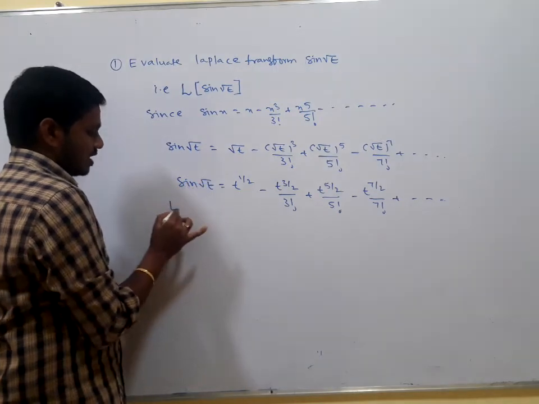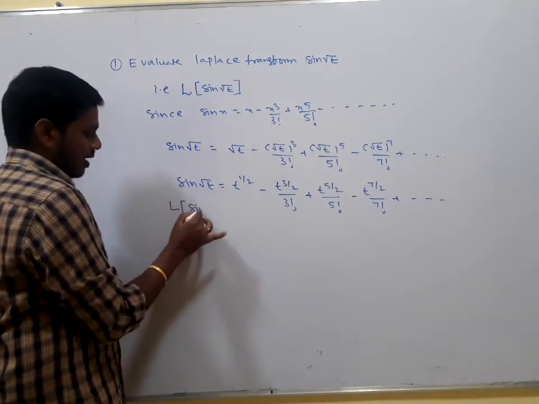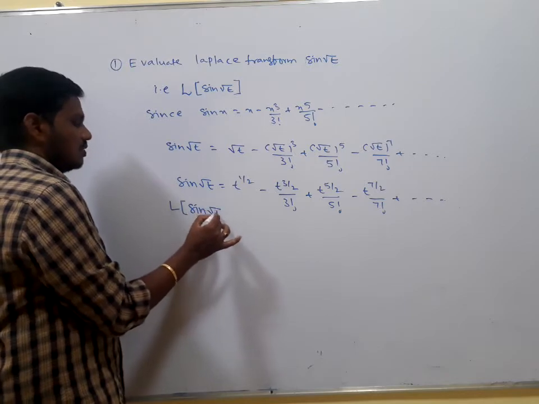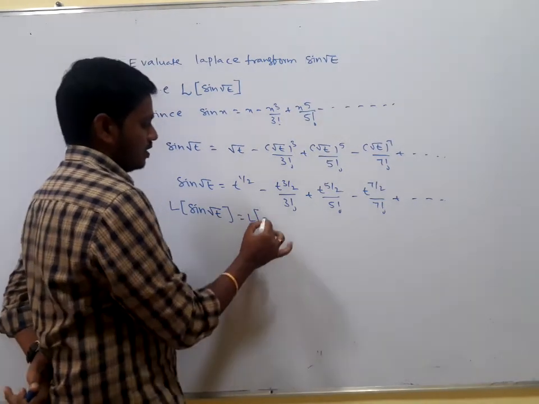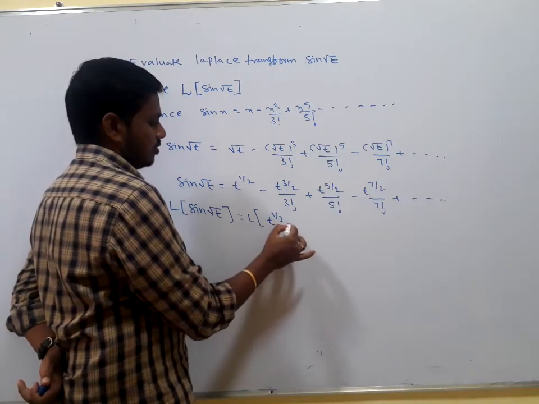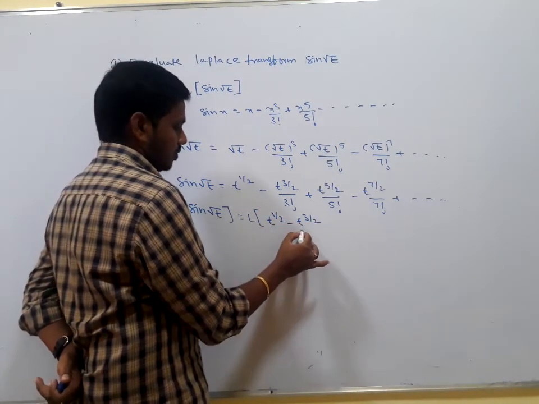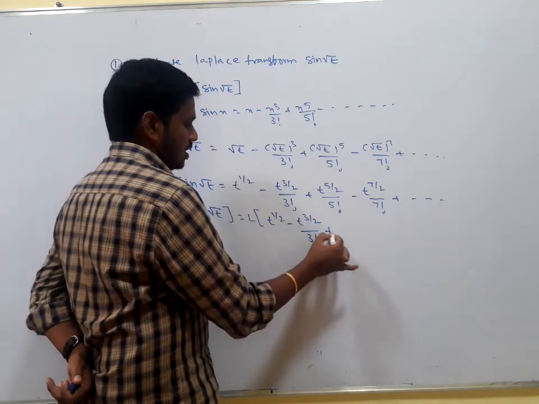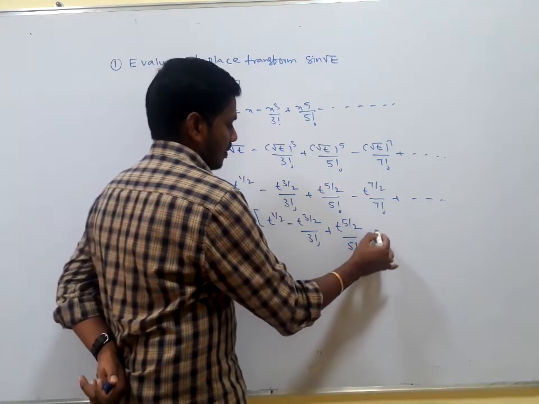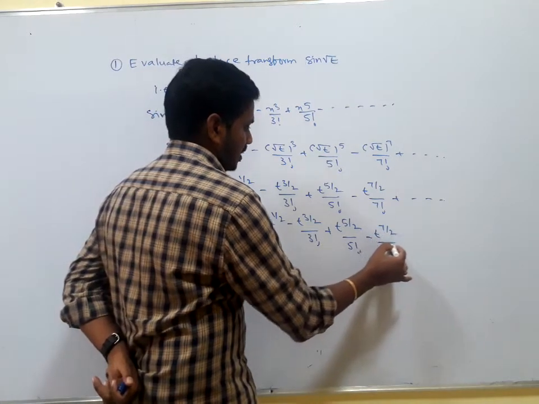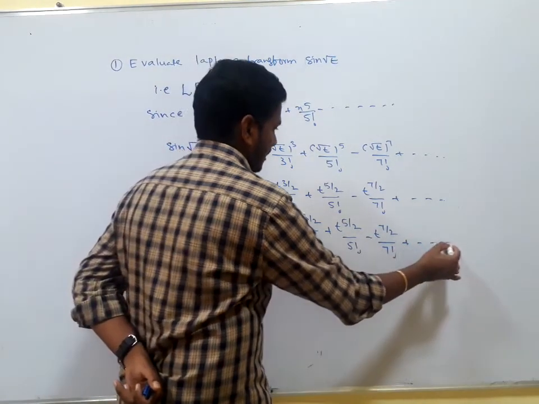Now taking the Laplace transform on both sides, the Laplace transform of sine root t is equal to the Laplace transform of t to the power of 1 by 2 minus t to the power of 3 by 2 divided by 3 factorial, plus t to the power of 5 by 2 divided by 5 factorial, minus t to the power of 7 by 2 divided by 7 factorial plus and so on.